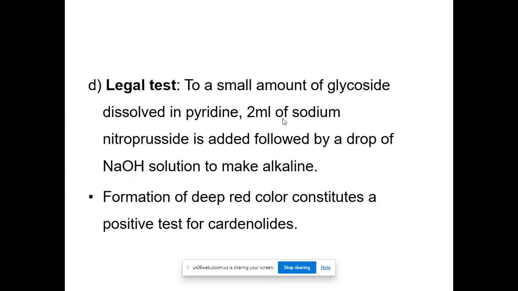And using acetic acid, for the Legal test, a small amount will dissolve in pyridine and 2 ml of nitroprusside, and then you add a small amount of sodium hydroxide to give a red color, which is a positive test for the cardenolide.